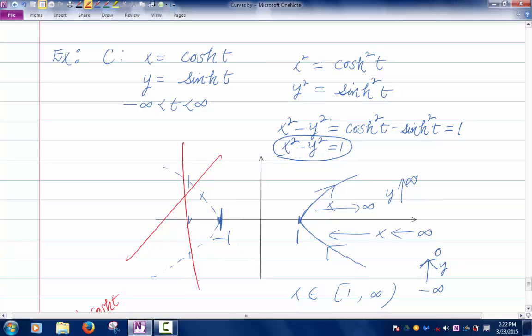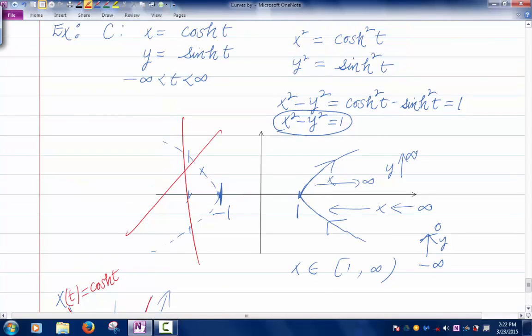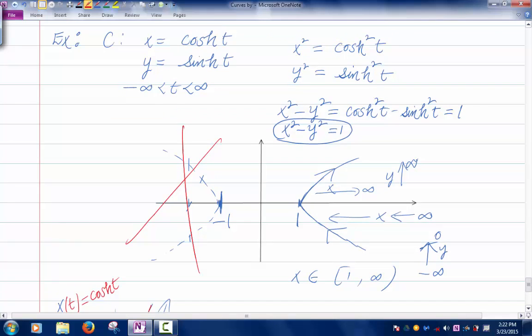You guys are with me so far? I get only the right half of the hyperbola because x has to be at least 1, because hyperbolic cosine t is at least 1, no matter what t is. Now let's try to figure out the orientation, and in the process, we're going to also see that we are going to get the entire right half of the hyperbola.